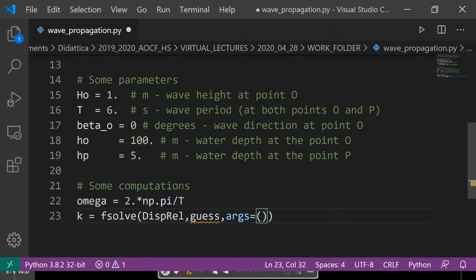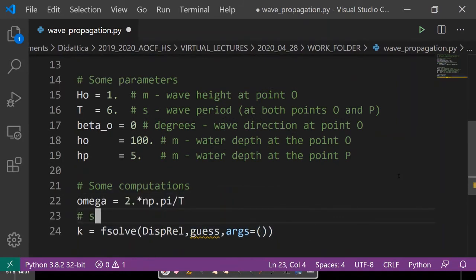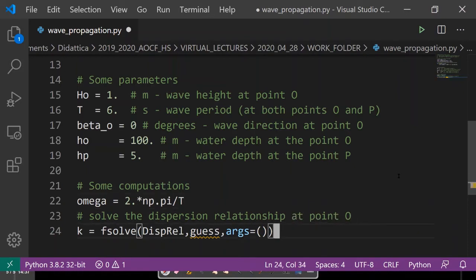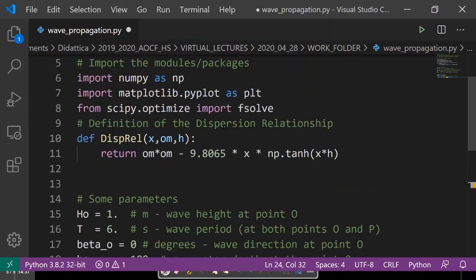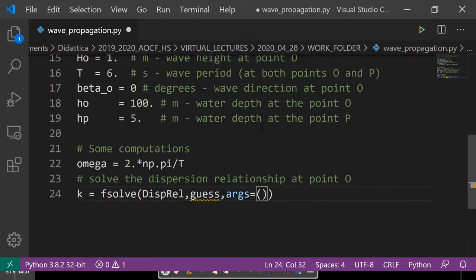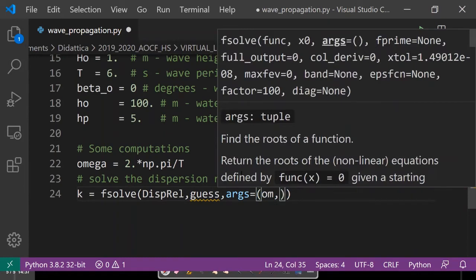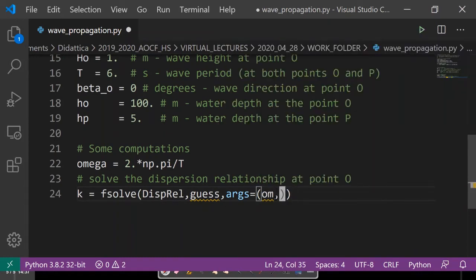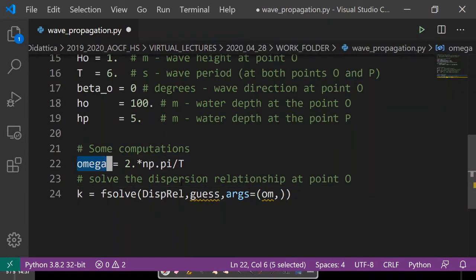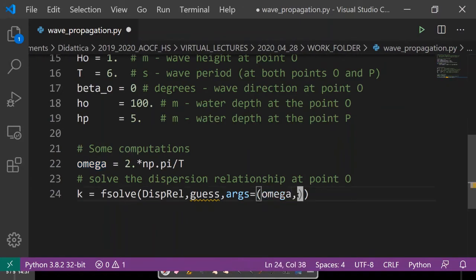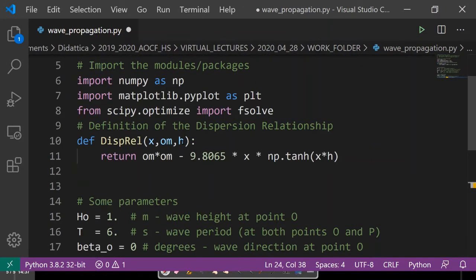If we want to solve the dispersion relationship at point O, we need to write the value of omega, that is the same of the point P, that is omega, but also the water depth, h.